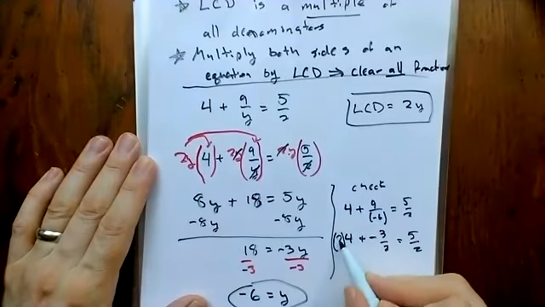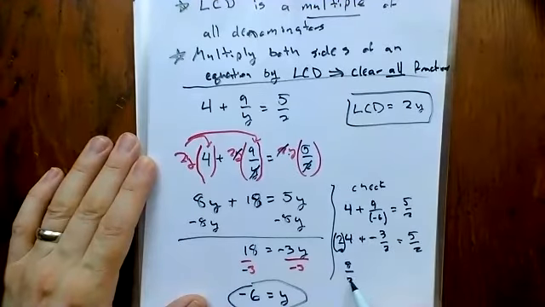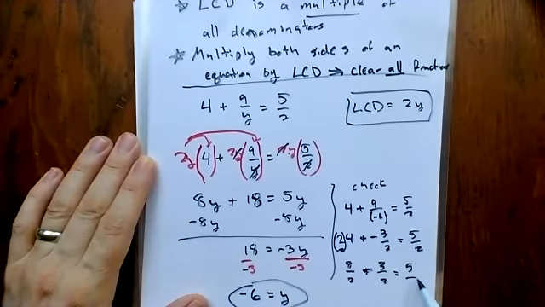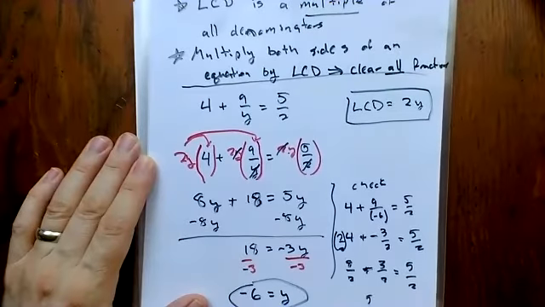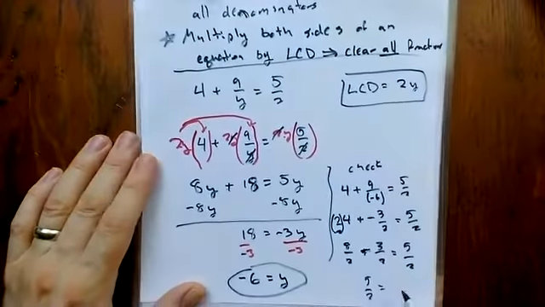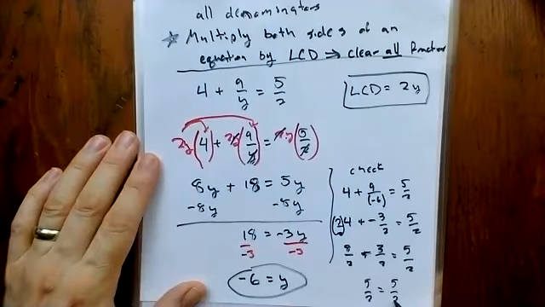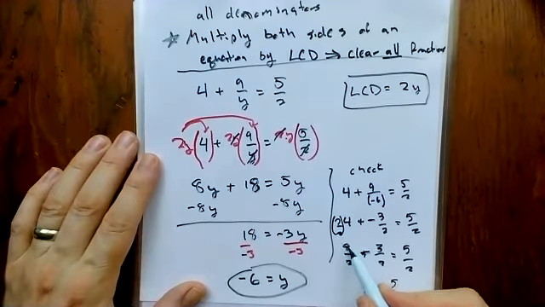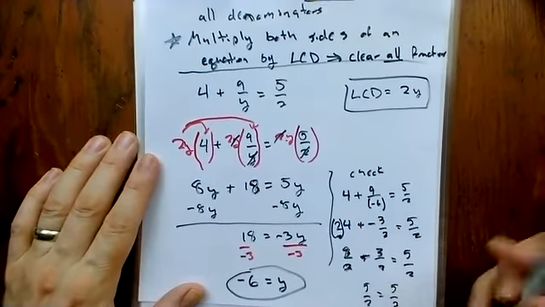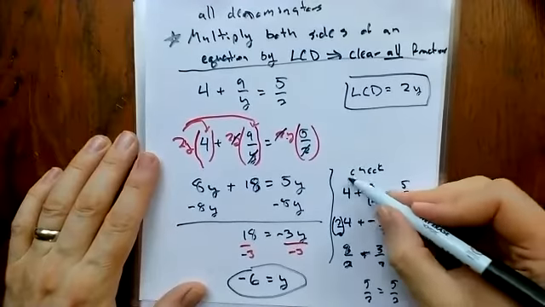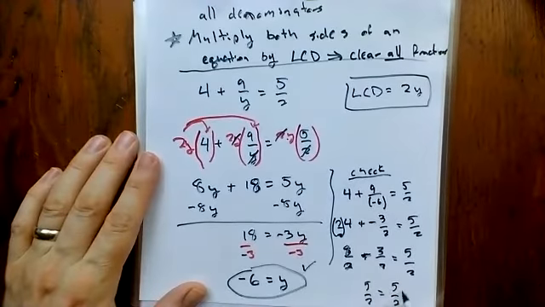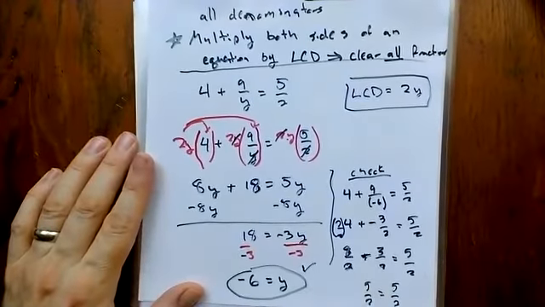Let's multiply this one by 2 over 2. So I've got 8 halves minus 3 halves is equal to 5 halves. That looks like good math to me. 5 halves is equal to 5 halves. If you can read my chicken scratch. So this is just the check. Remember that this is the answer, this is the check.